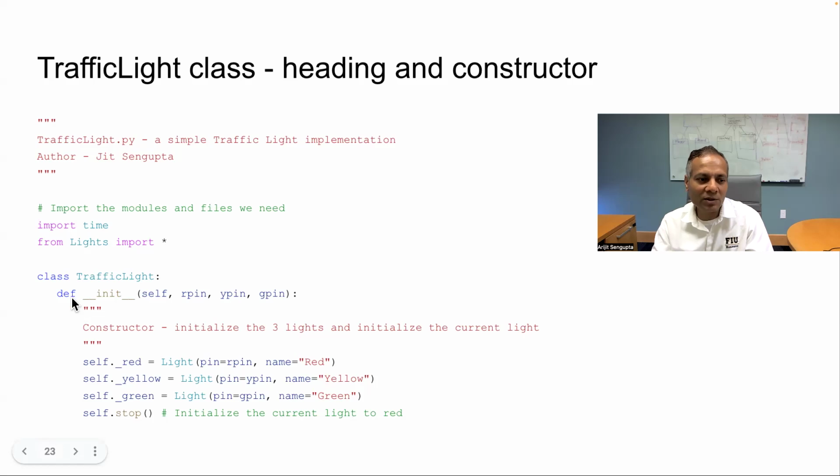The first thing that we do is define a function, or actually, since we are inside a class, it should be referred to as a method. This method is underscore underscore init underscore underscore, and it takes some parameters. We'll learn more about parameters as we go along, but the first parameter in every method is going to be this weird one called self.